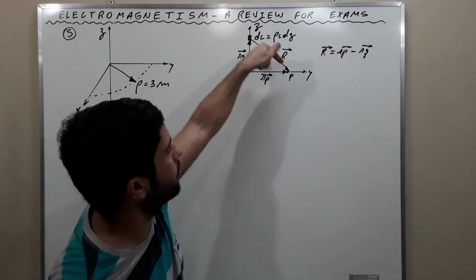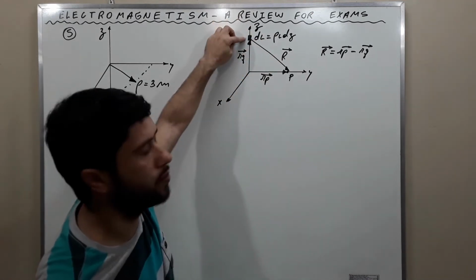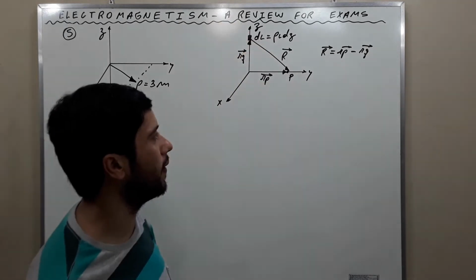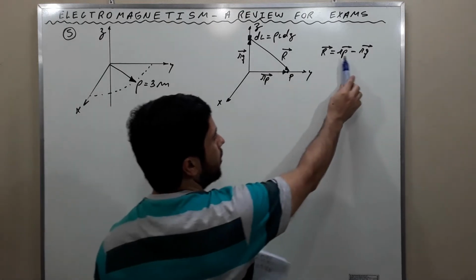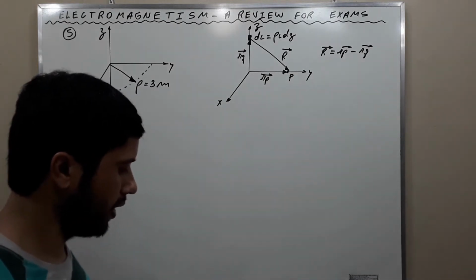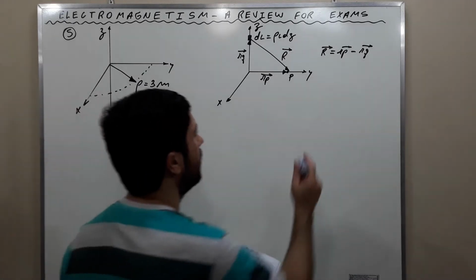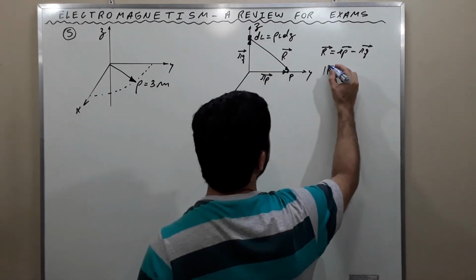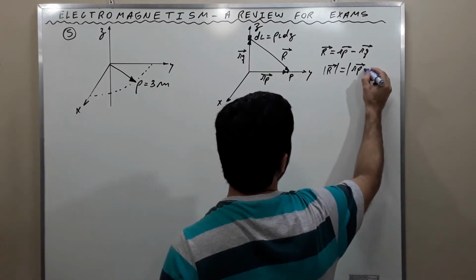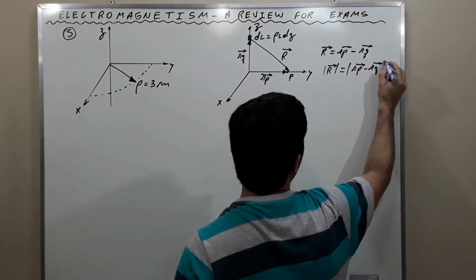And this vector here that goes from the differential element of charge to the point is called R. And R is RP minus RQ. Okay? And the magnitude of R is the magnitude of RP minus RQ.